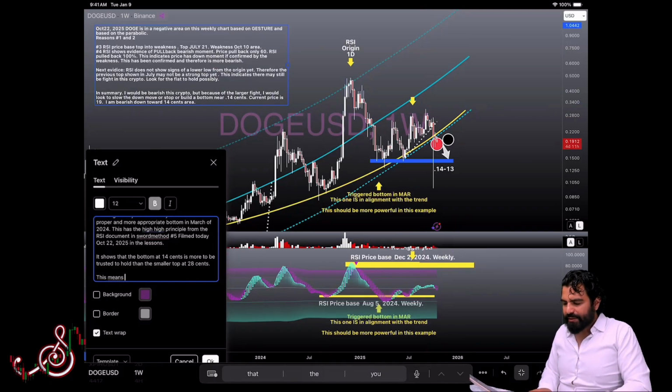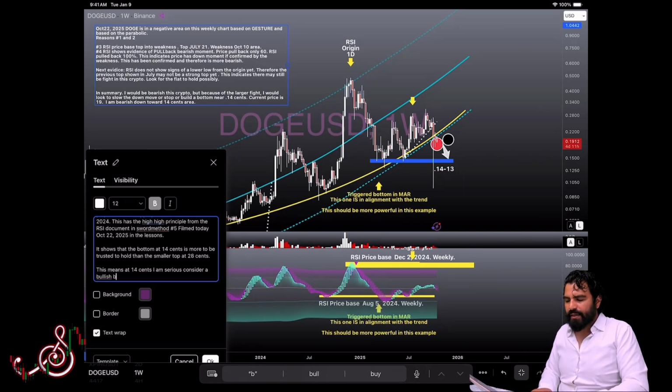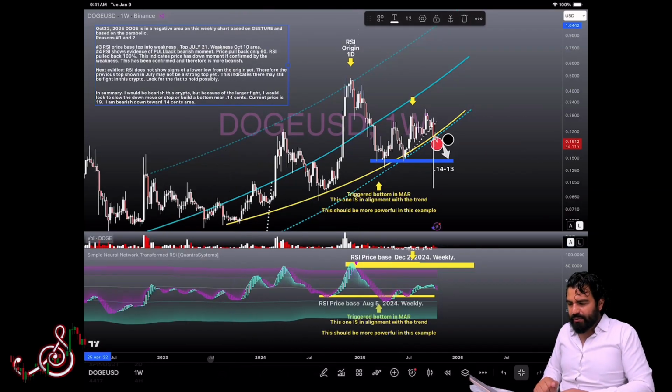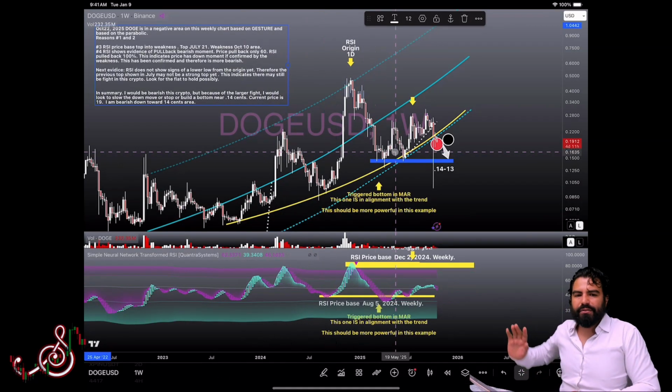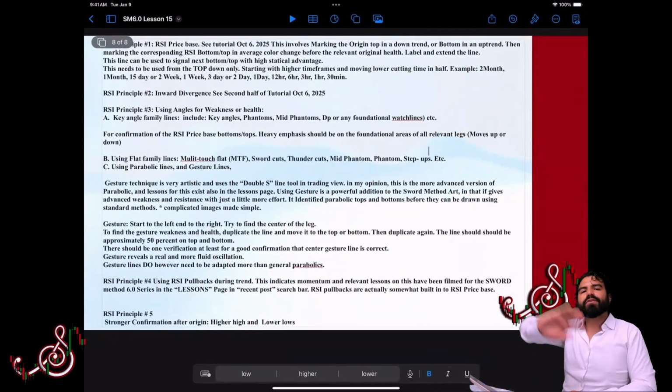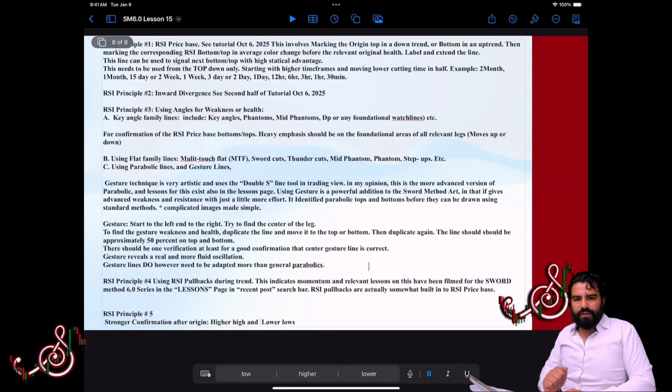This means at 14 cents, I may seriously consider a bullish buy on Doge. Okay? That's what that means. So we played out both battles, top, bottom, using all the principles found in our RSI document, putting them together.